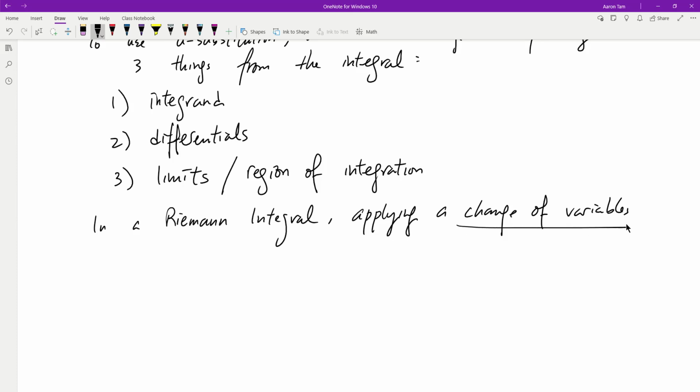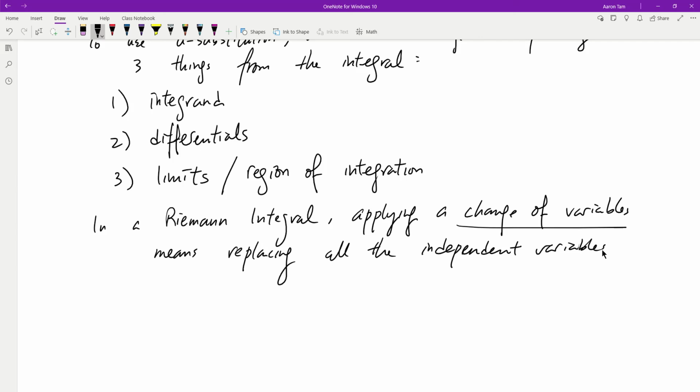To apply a change of variable technique means the following. Applying a change of variable means replacing all the independent variables with a new set of independent variables.